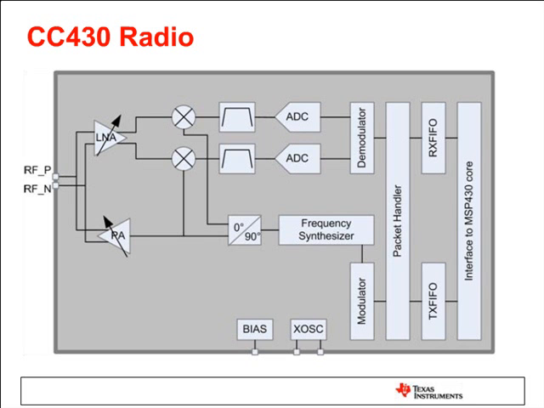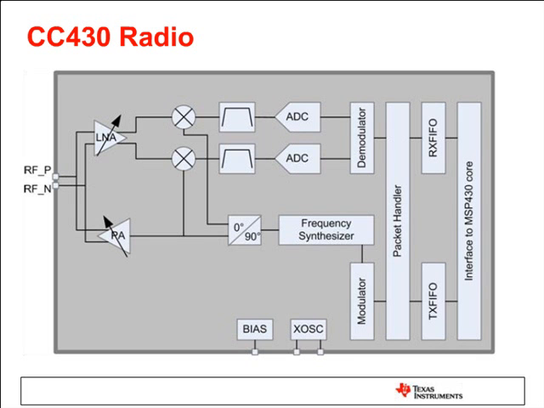Your packet handler is an optional feature. You can use the features of the packet handler, which has certain layers of filtering that we'll talk about, but it handles things like identifying your preamble, identifying your sync word, and then passing the bytes into these FIFOs.